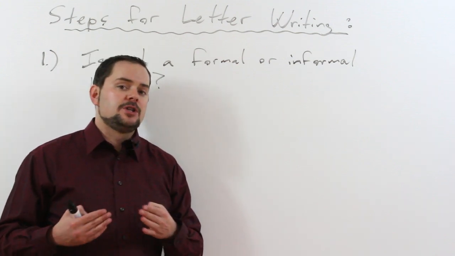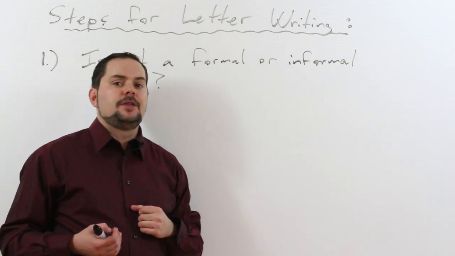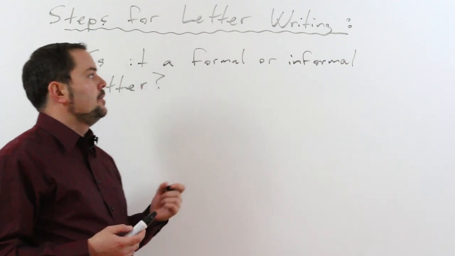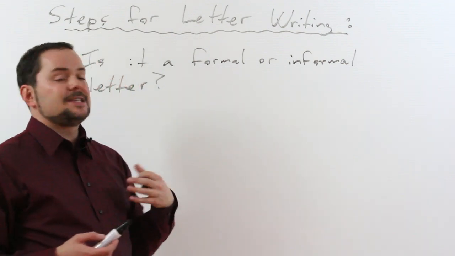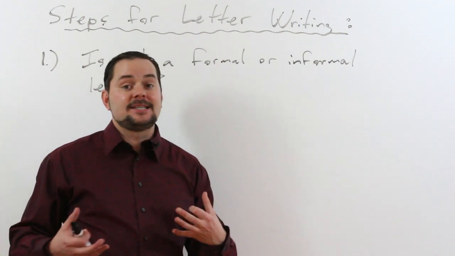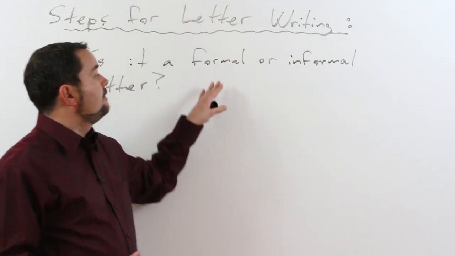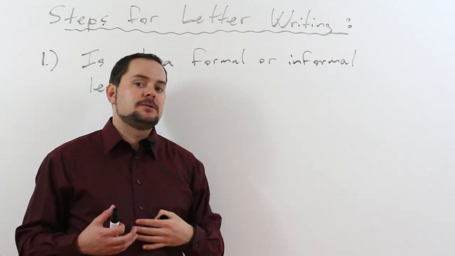The type of language that we use for informal letters is a little bit different than for formal letters. For example, in informal letters, we tend to use slang, we tend to use contractions like isn't, wasn't, hasn't, I'm. And for formal letters, we try to avoid idioms and slang.